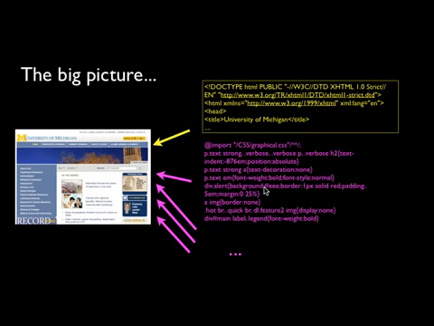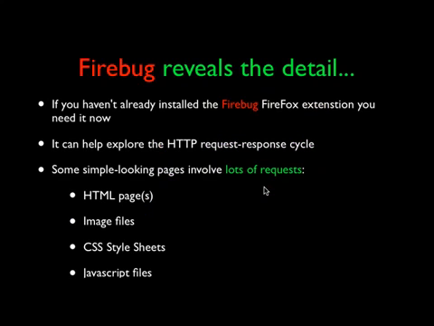Now, it's all pretty quick usually, and some of this information is kept locally, so that the CSS, you don't have to retrieve it every single time you click on a different part of the University of Michigan web page.